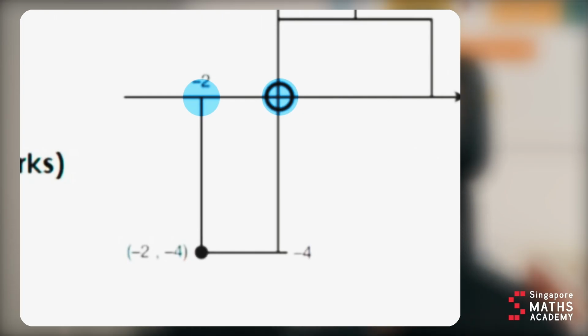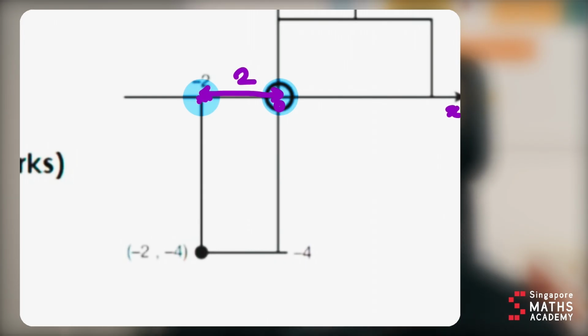That's 0, 0. So if that's 0 on the x-axis, and this is -2, we must have gone 0, -1, -2. And that means the distance between 0 and this vertex here is 2.